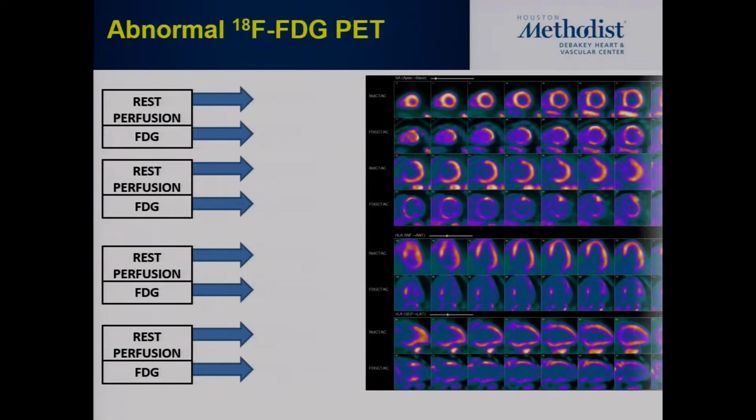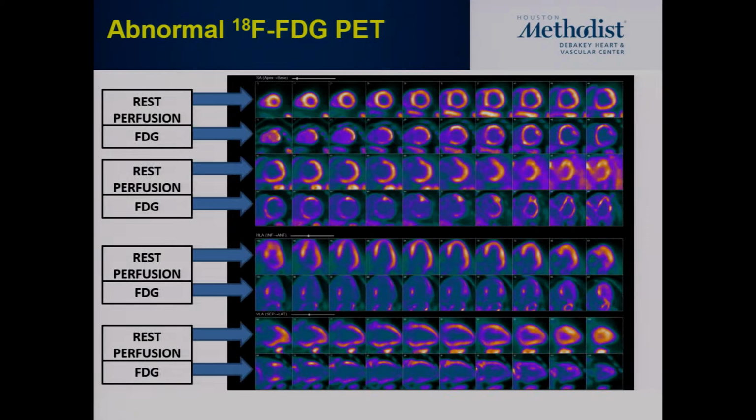Now this is how an abnormal study will look. In perfusion, which is the first row, you see this perfusion defect. Now in this area of perfusion defect, I see FDG uptake. When I see that, I know that there is a perfusion defect, and it could be a scar, could be from edema, could be because there is active inflammation there. The perfusion tracer did not make it there.